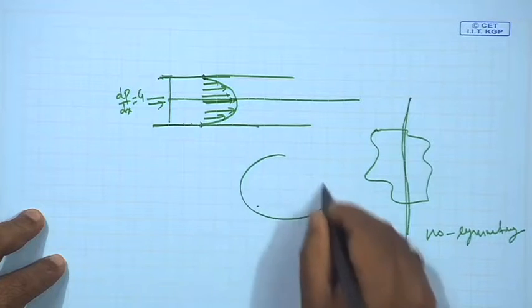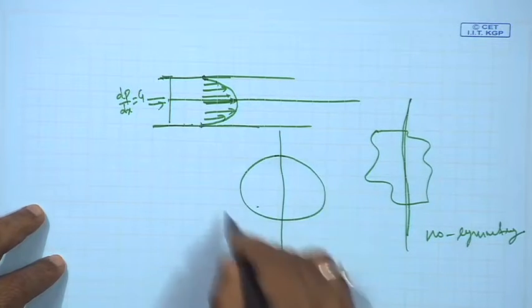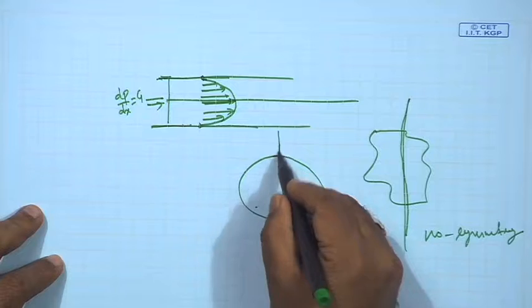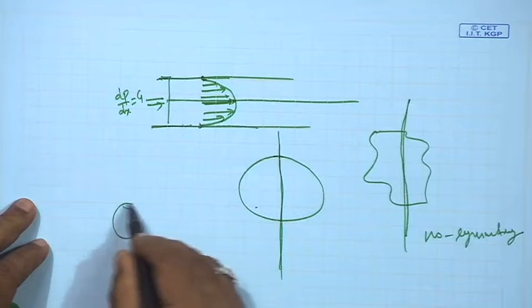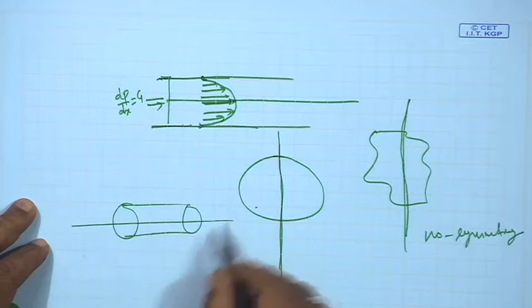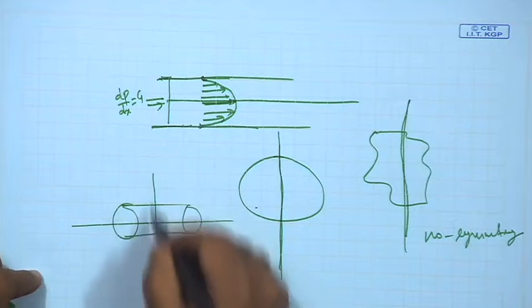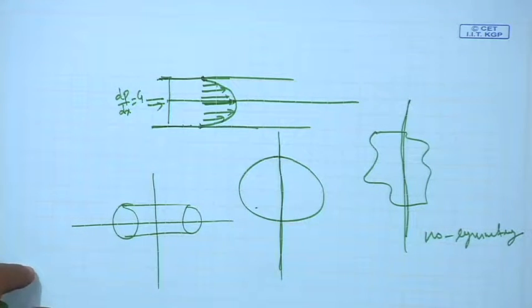Whereas, you take like this, assuming I have drawn a nice picture. So, this is symmetric. Similarly, you take a cylinder, this is also a symmetry axis. Now, when we define flow quantities which are independent of theta in cylindrical coordinate systems, that means the corresponding rotations happen and they are invariant.